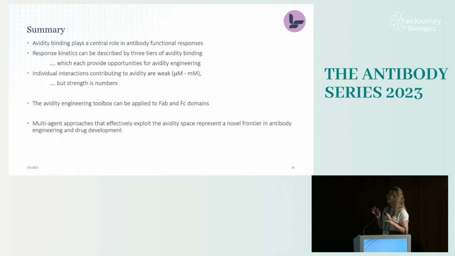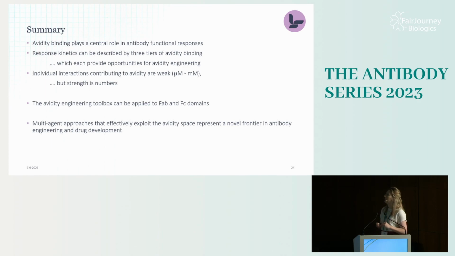And what I haven't touched upon so much, but I think it became clear from the talk, is that individual interactions contributing to avidity are weak, but avidity, so combining, clustering, really improves this into nanomolar, picomolar ranges, and strength really is in numbers.